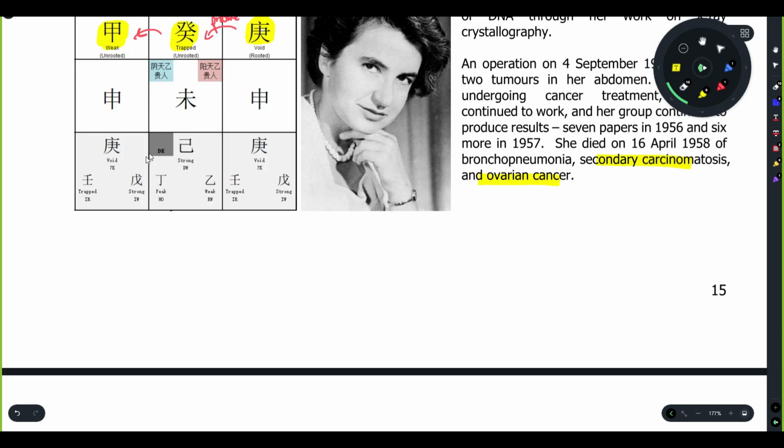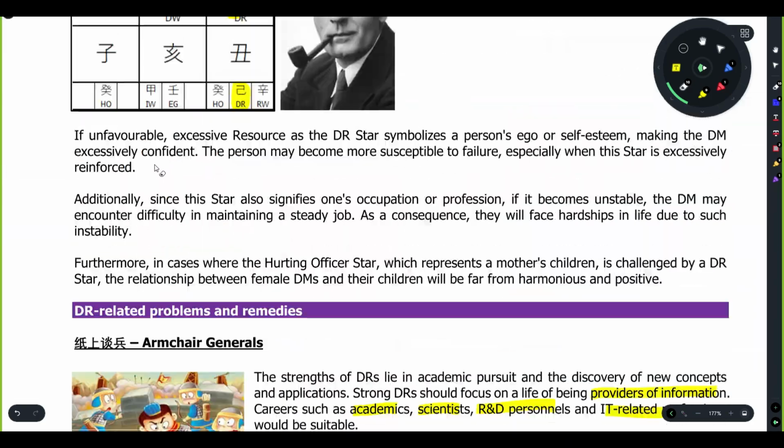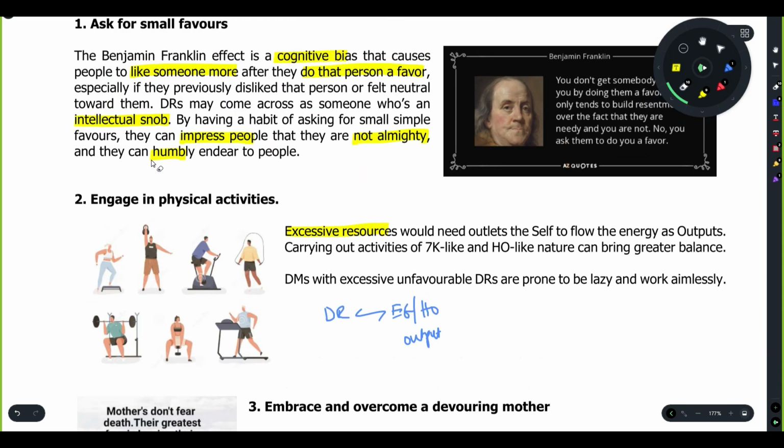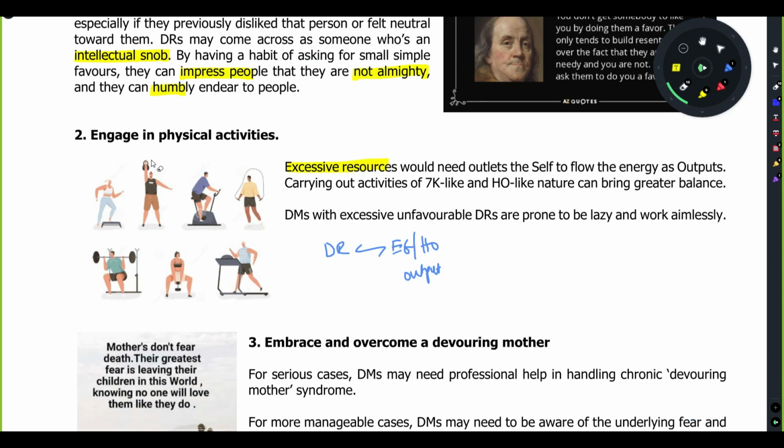And so, if one has excessive resource, one of the readings of excessive resource is lazy. Another is that they work aimlessly. Floating wood, burn out earth. And therefore, output is also denoted by exerting physical activities.